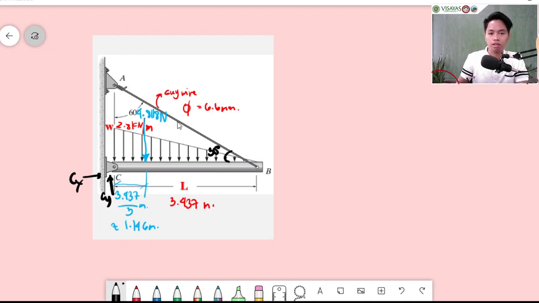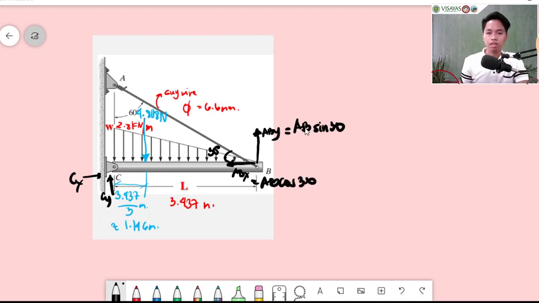Since this cable here is a two-force member, meaning it experiences only two forces, that would be your ABY and your ABX. Your ABY is simply AB sine 30, and your ABX here would be AB cosine 30.